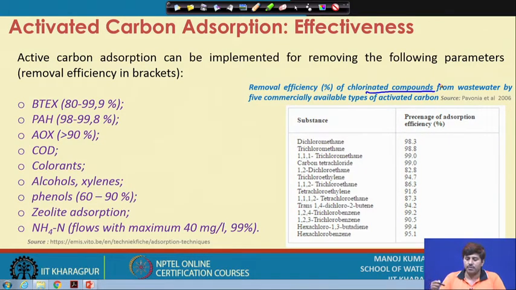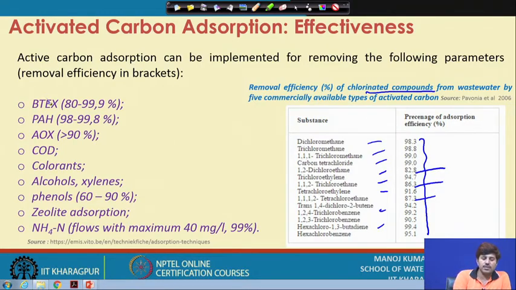For a variety of these chlorinated compounds, efficiencies are usually greater than say 98-99%, barring a very few. So, let us say for this it is 86, 83, 87, those kind of things, but usually you see very high efficiency of removal of these contaminants.